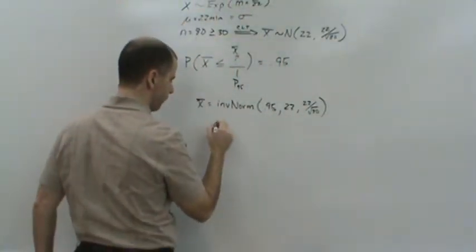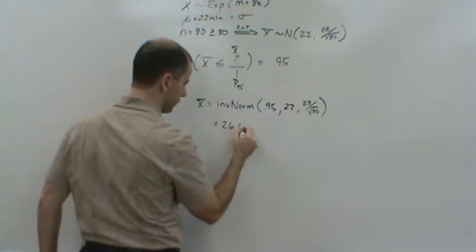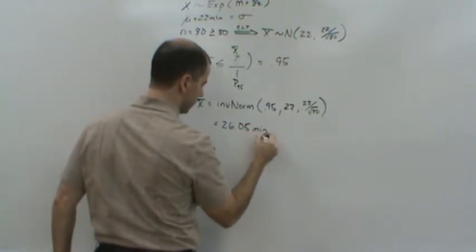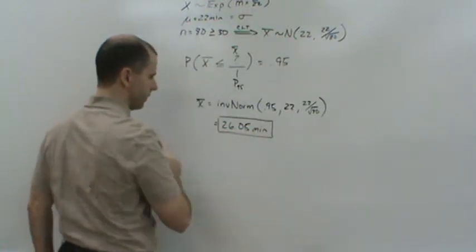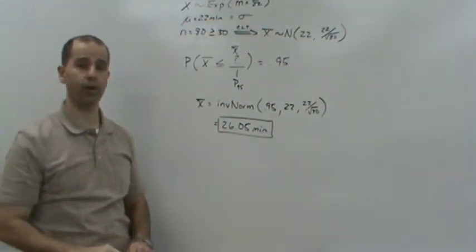All we do is just plug it in, and what do we get? We get 26.05 minutes. This is the 95th percentile. So again, what does this mean?